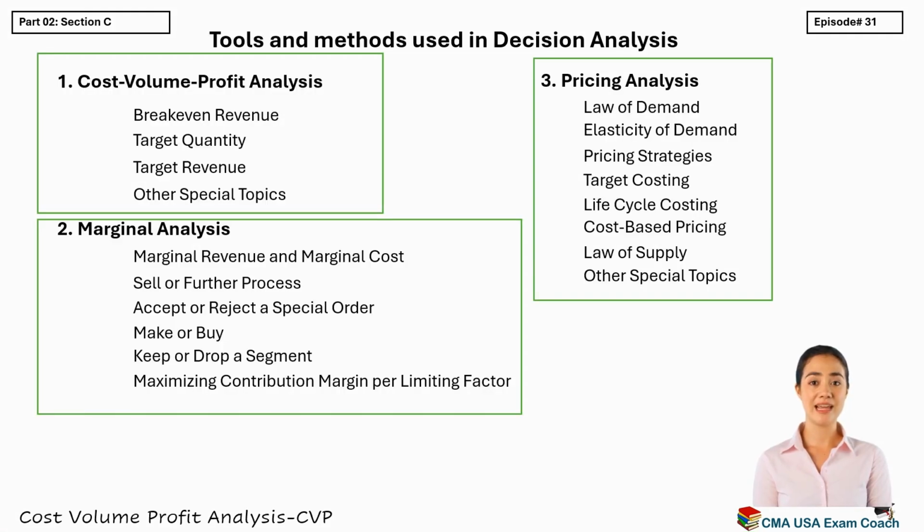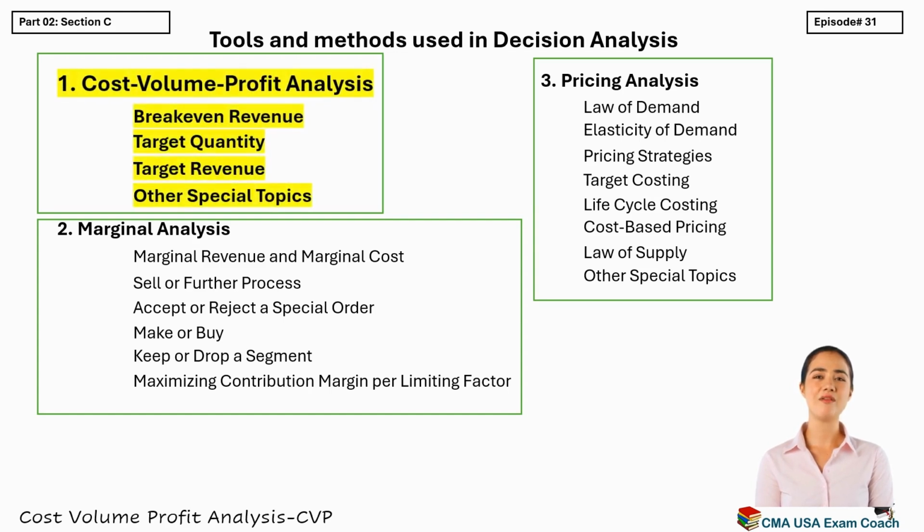As we discussed at the beginning of this decision analysis section, there are several important tools and techniques used by managers to make better decisions. In the last few episodes, we have now completed one of the most important tools, the cost-volume-profit analysis, along with all related topics like break-even analysis, contribution margin, and margin of safety.